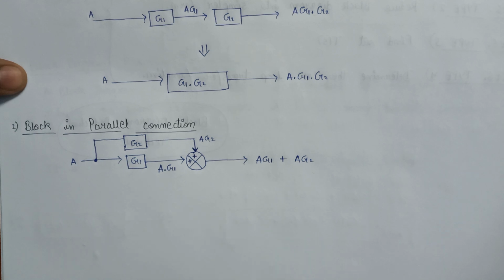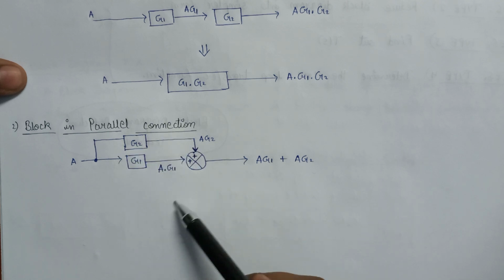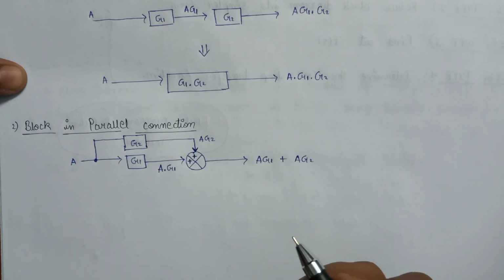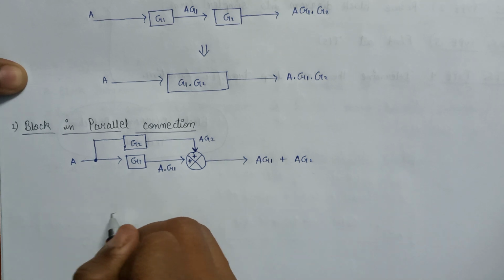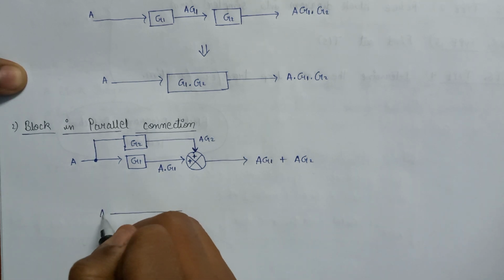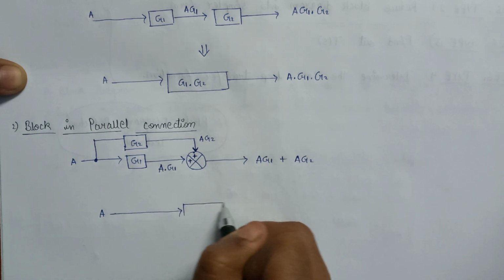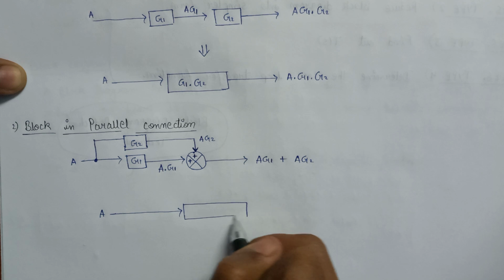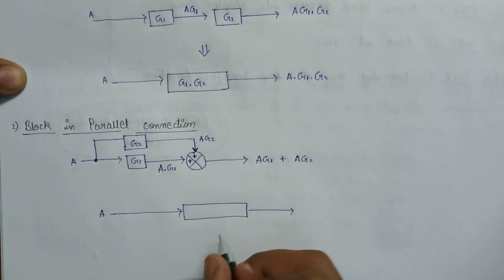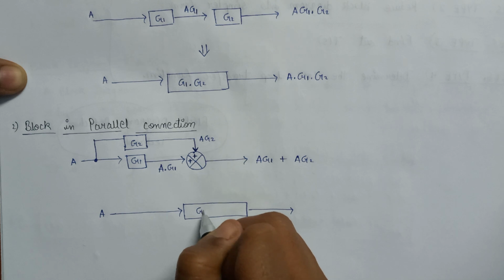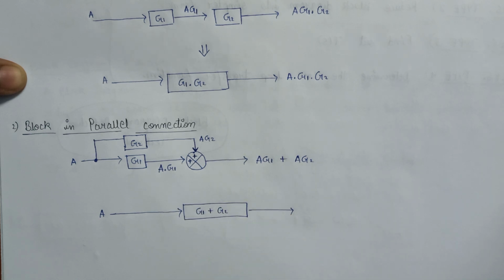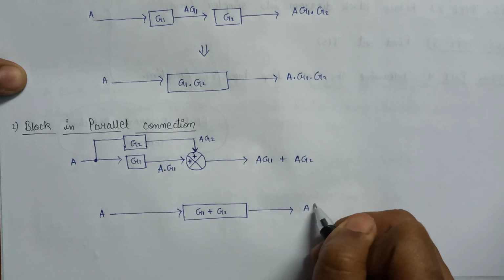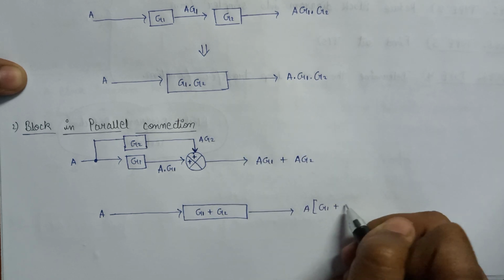Now if we want to draw the equivalent circuit for this block diagram, then how are we going to draw it? So this is the input A which is applied. Here is the equivalent gain, and here is the output. Here we can write G1 plus G2, and in the output we will get a multiplication of input and this gain, that will be equal to A(G1 plus G2).